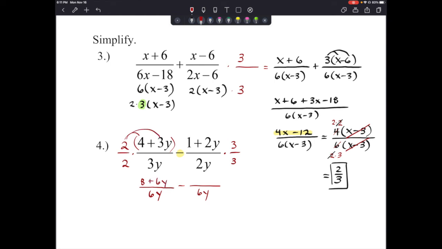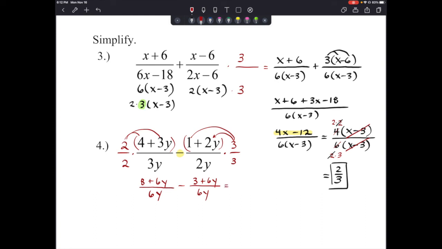Now don't get cancel happy. Don't try to cancel those 6y's because you're adding something to one of them. And on the top on this side, we're going to have 3. When we take it here, we're going to just distribute it through. 3 times 1 is 3. 3 times 2y is plus 6y. And now let's take this here and let's rewrite this as one fraction.